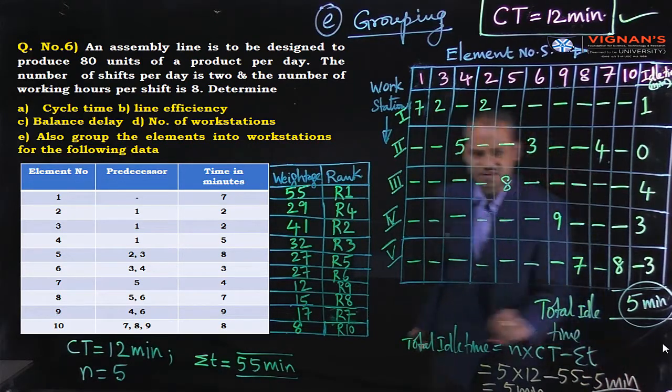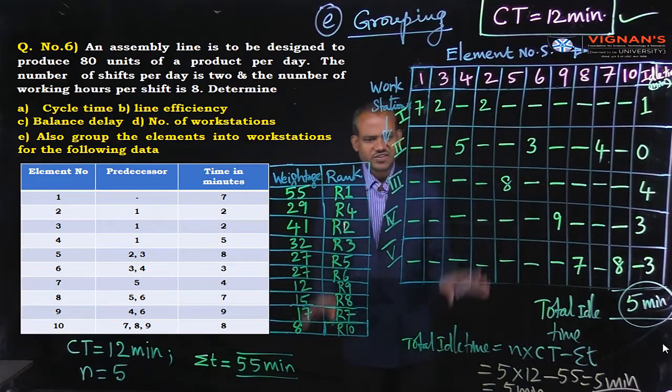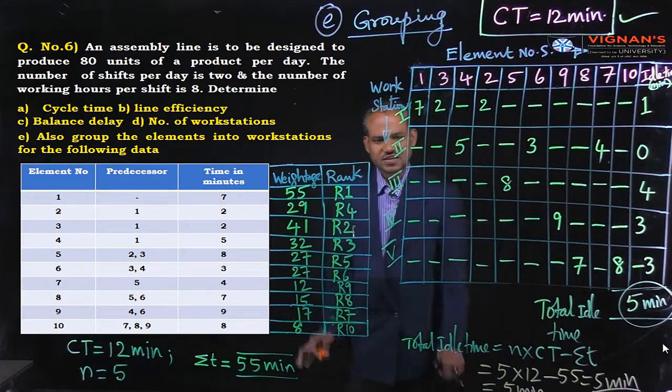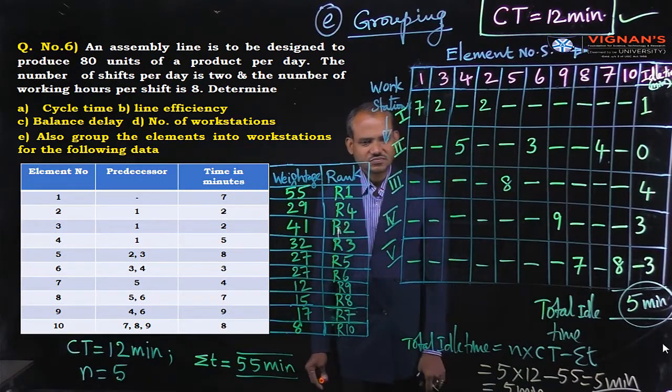Okay, exactly correct. Our answer is correct. Like that, we can cross check by using this formula. This is correct. This grouping is correct. Okay now.